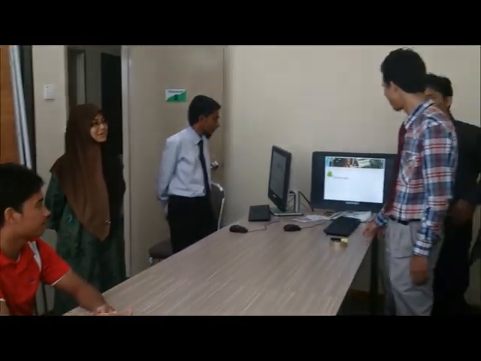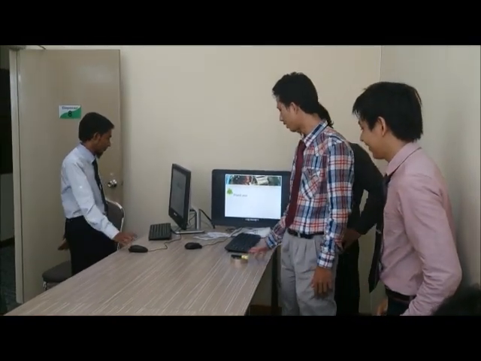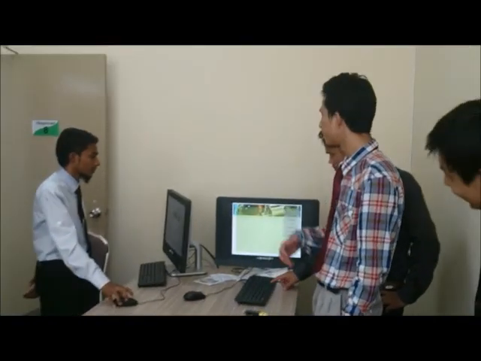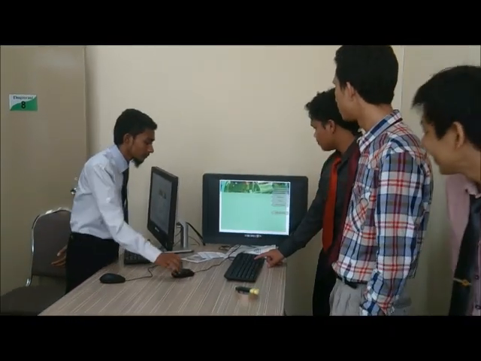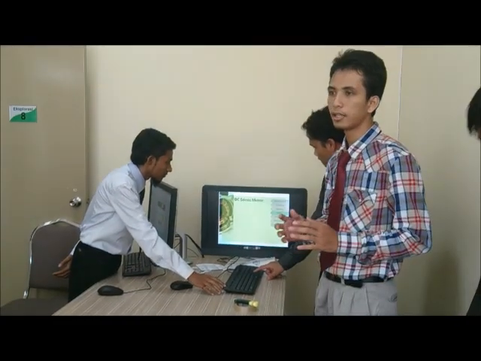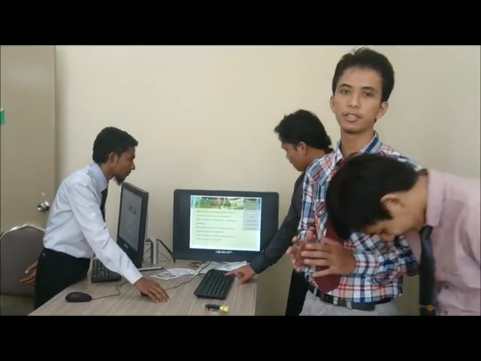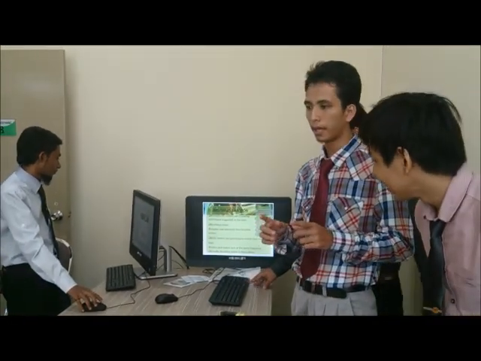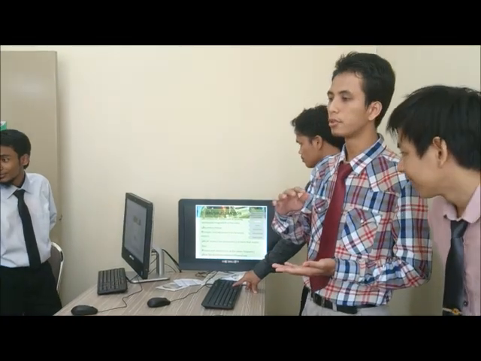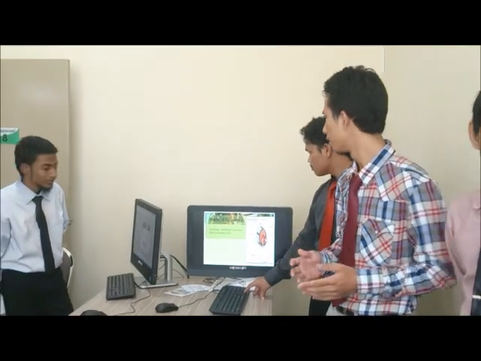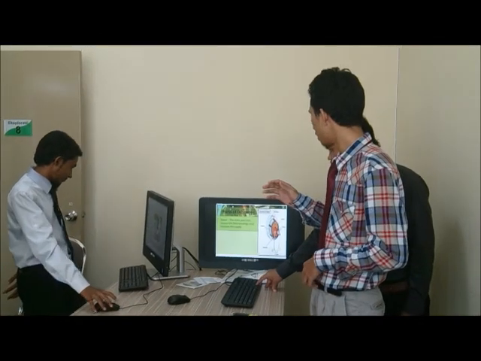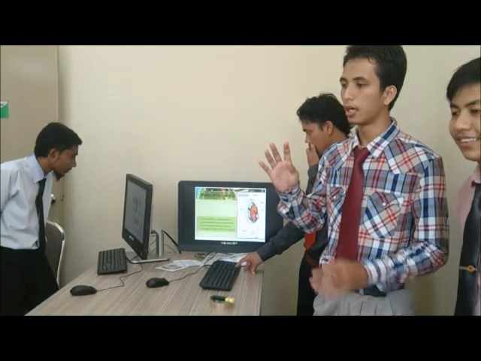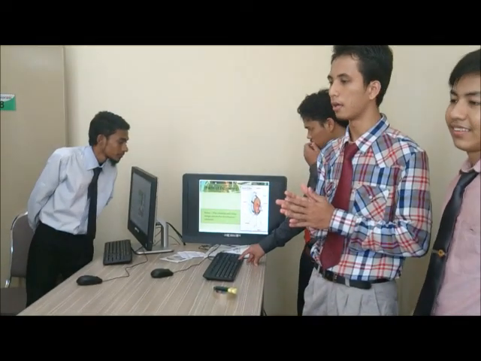Okay, thank you to Hafiz Ahmad. We go back to brush and brushless DC motors. The first difference: a brush motor uses a brush to produce the magnetic field, but a brushless DC motor uses permanent magnets to produce the magnetic flux.